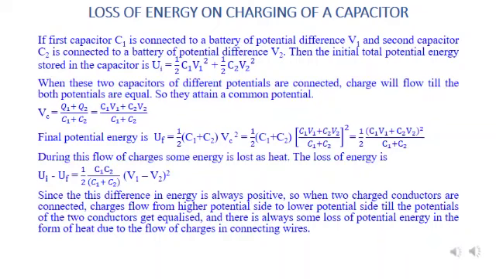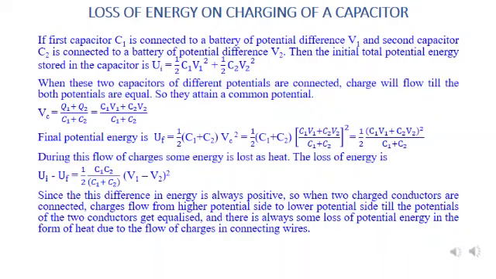Now we substitute for Vc, that is C1 V1 plus C2 V2 divided by C1 plus C2, whole square. After cancelling C1 plus C2, the expression becomes half C1 V1 plus C2 V2 whole square divided by C1 plus C2.